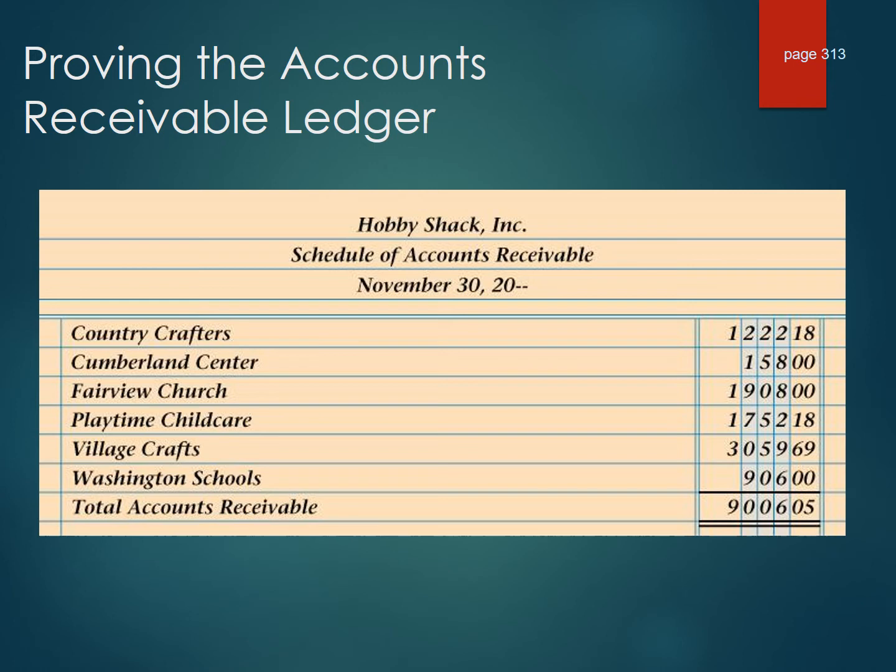After the last account balance, we will draw a single line in the dollar amount column. After the last customer name, we will write total accounts receivable. We will calculate by adding up each of our customer balances to come up with a total for accounts receivable.